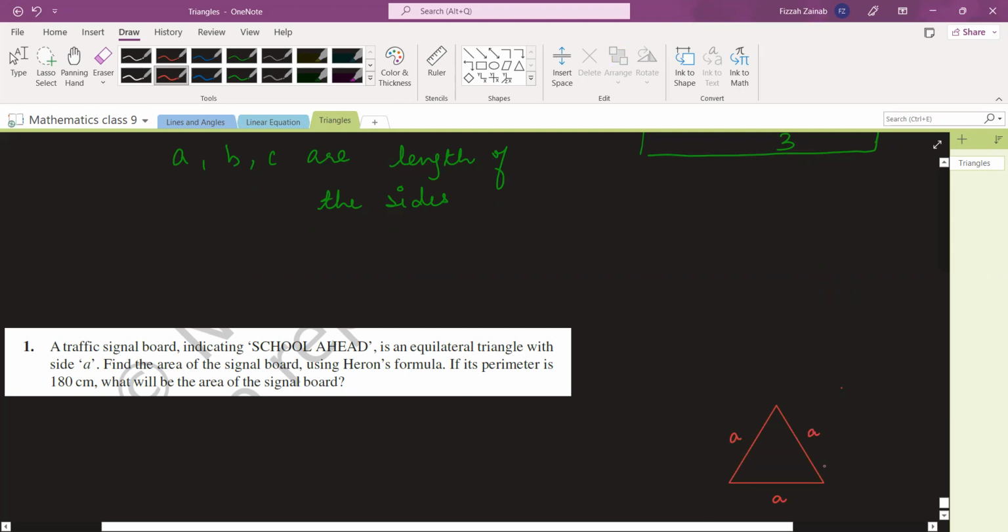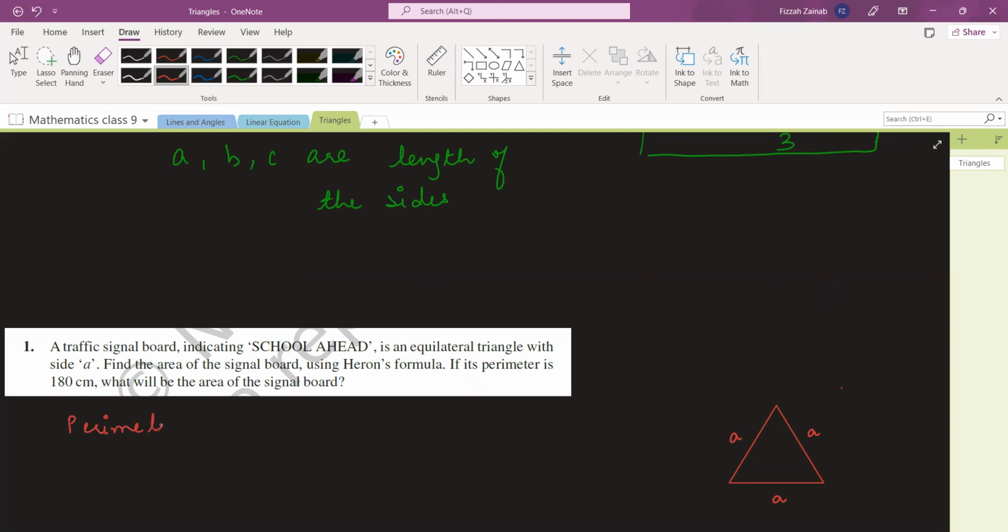Find the area of the signal board using Heron's formula. If the perimeter is given in this question, 180 centimeter. What will be the area of the signal board? So you don't have to use any other method but Heron's formula, right?